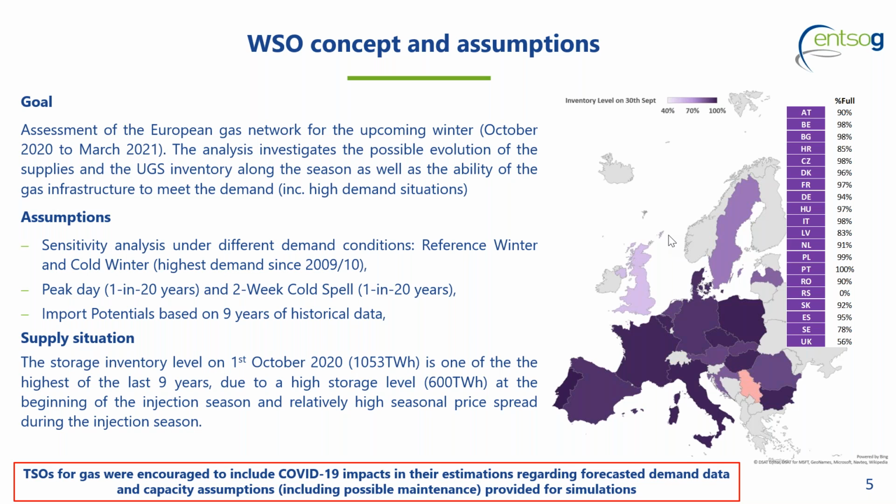We specifically asked our TSOs to include the COVID-19 pandemic situation impact, of course, up to the level that they were able to make assumptions on that, especially taking into account capacity assumptions, and here I mean specifically possible maintenance.